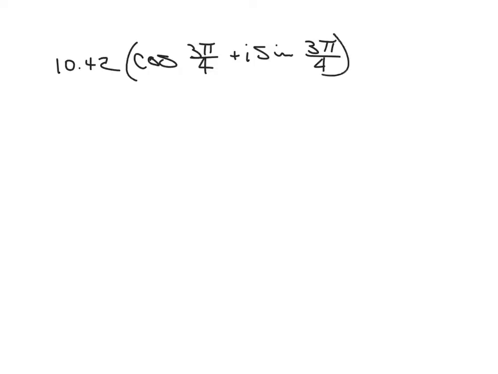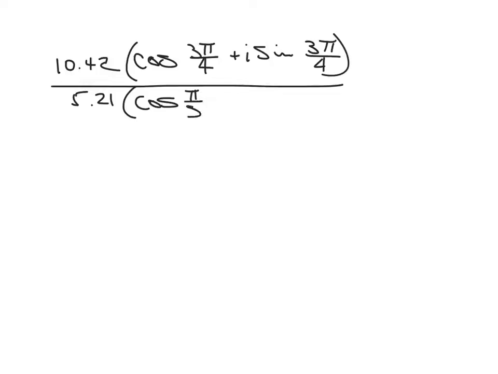And giving it to us expanded there instead of as a cis. 5.21, and they're giving us cosine of pi over 5 plus I sine of pi over 5.